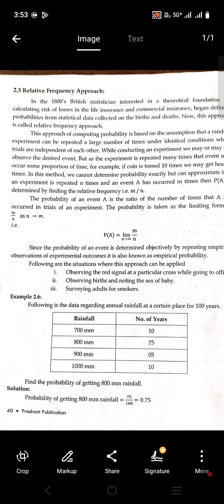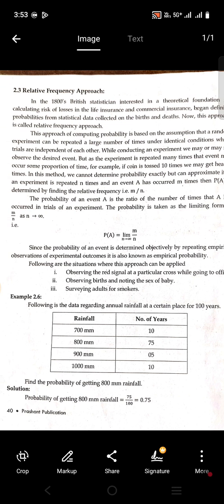While conducting an experiment, we may or may not observe the desired event, but as the experiment is repeated many times, that event may occur some proportion of the time. For example, if a coin is tossed 10 times, we may get heads 6 times. In this method, we cannot determine probability exactly, but can approximate it.